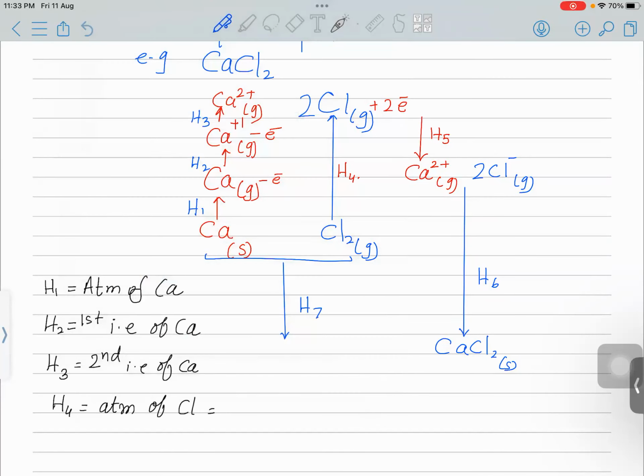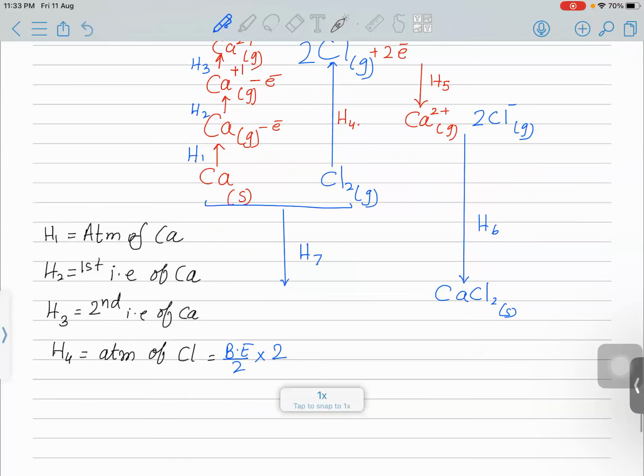It was half of the bond energy, always half of the bond energy. Multiply by? Always multiply by this number. Multiply by 2.